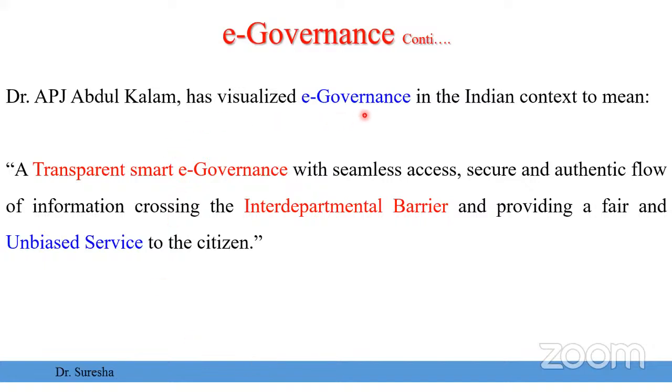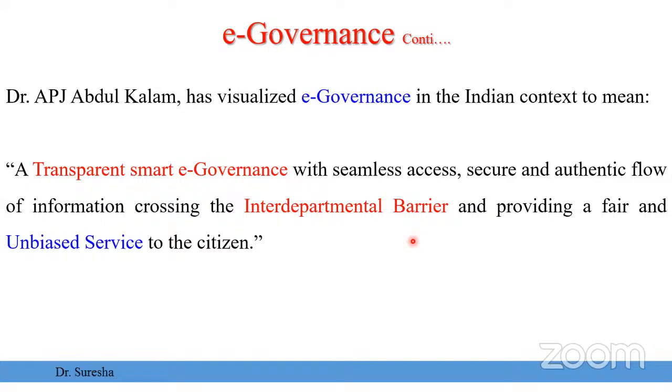Dr. Abdul Kalam visualized e-governance in the Indian condition as transparent, smart e-governance with seamless access and secure, authentic flow of information crossing interdepartmental barriers and providing fair and unbiased service to citizens. Why is the interdepartmental barrier considered in India?